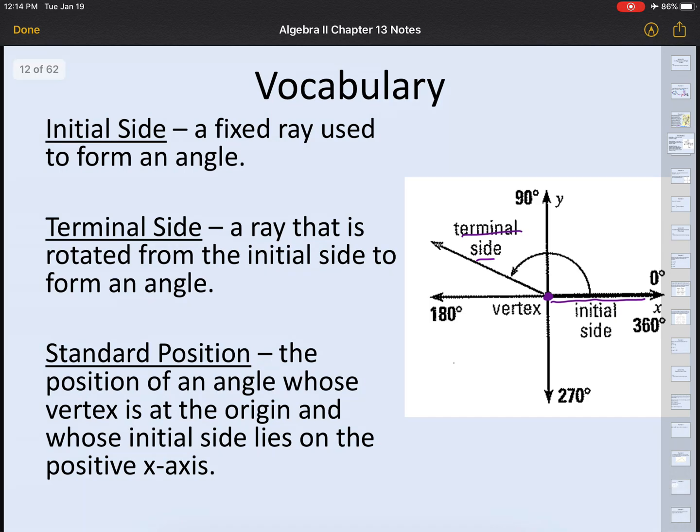We're always going to be working with 0 to 90 to 180 to 270 and all the way back around to 0 again. It's always looking at kind of like a graph. It's got the same kind of quadrants, but we're just not graphing anything using points.